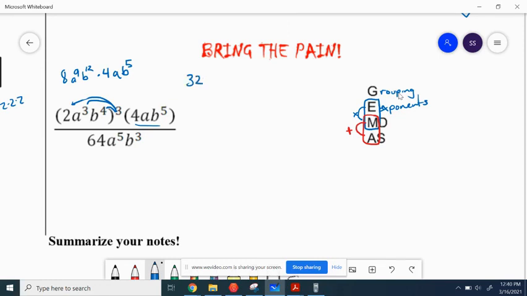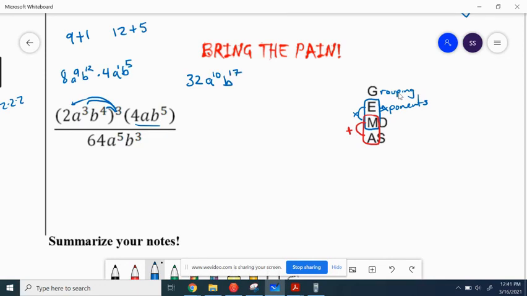Okay, and now I've got the base of a, which is 9 plus 1, right? This invisible exponent of 1. 9 plus 1 is 10, so I'm left with a to the 10th power times b to the 12th times b to the 5th. So I'm going to do my base b. 12 plus 5 is 17.